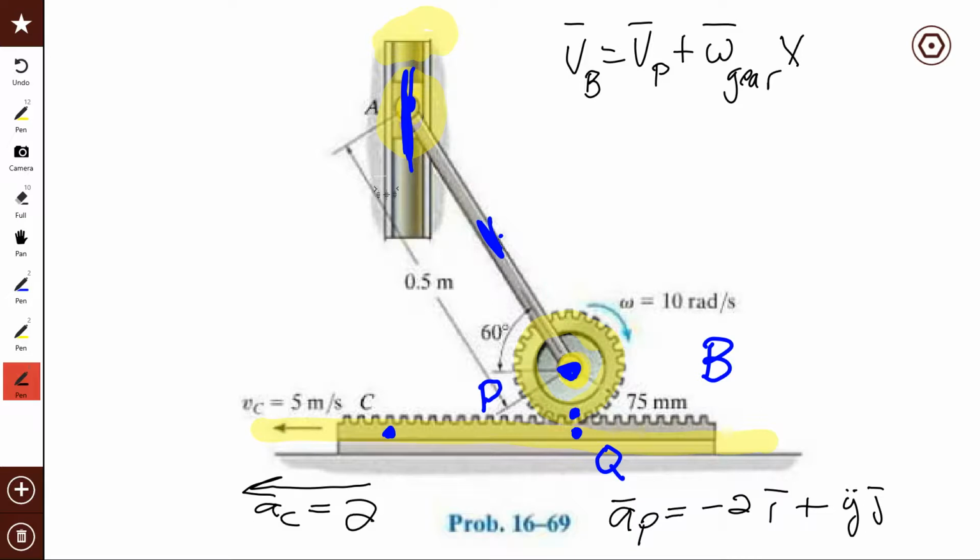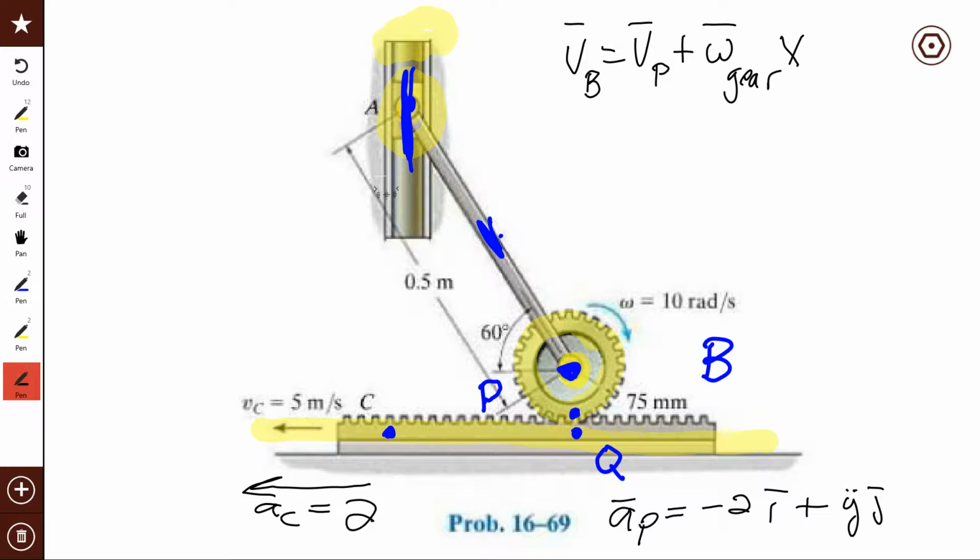Because it's always from the guy on the right to the guy on the left. That's why. Don't let me fool you. Everybody know what right is? Guy on the right to the guy on the left. So it starts on P and it goes to B. Right? Okay? P to B.